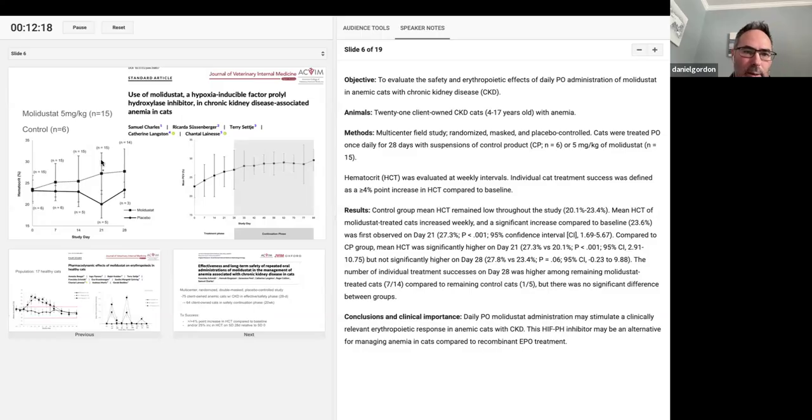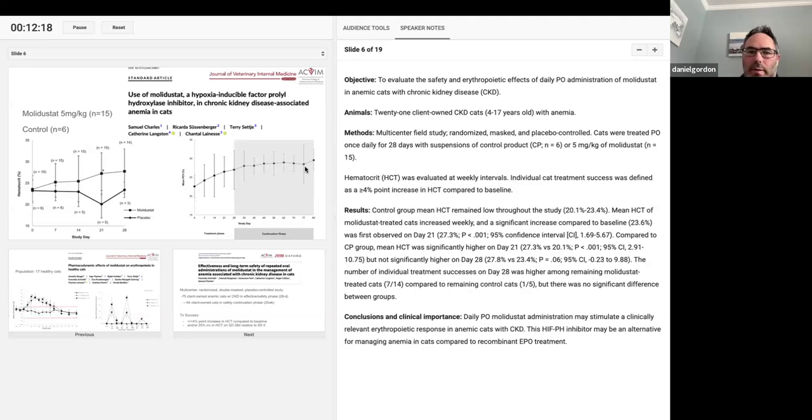Looking at the mean PCV in these cats, they did kind of a mini continuation phase in this first study, where if you look at the PCV data in these cats on a weekly basis, there wasn't much change after that 35-day mark.